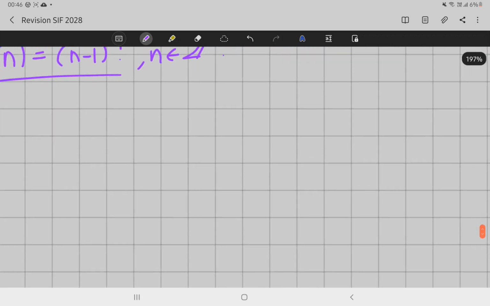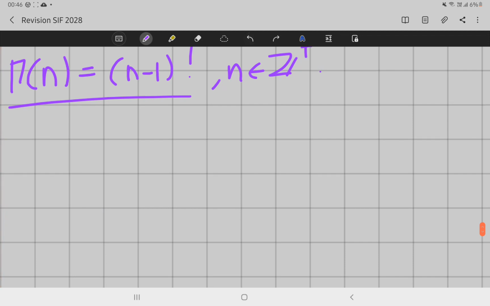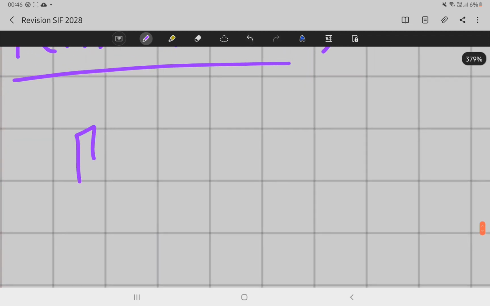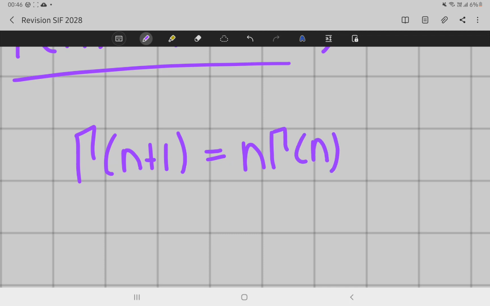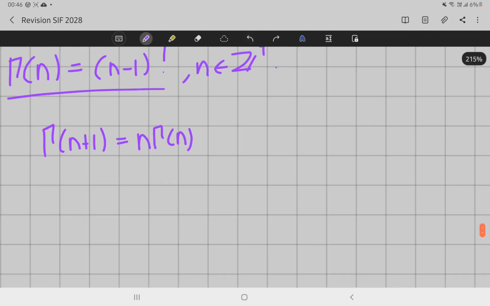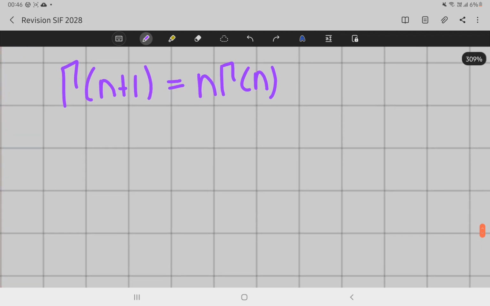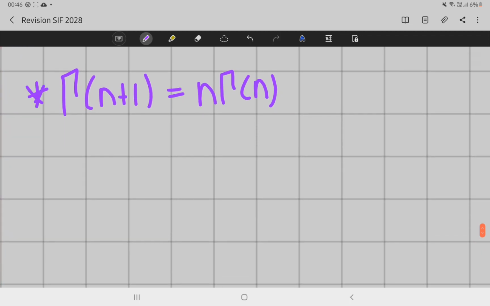Several things that you need to know about the gamma function: gamma of n plus 1 is n times gamma of n. You can prove this using the definition of the gamma function. It's very simple. Also, you need to know that gamma of one half is the square root of pi.